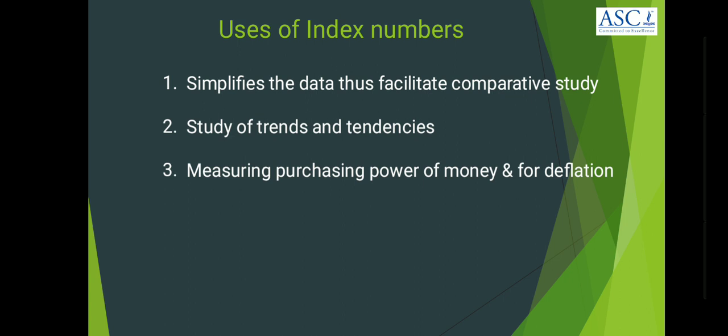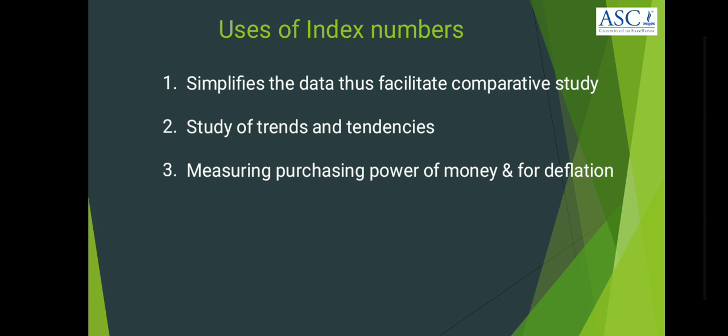The second part says index numbers are used to study deflation. Here, deflation means, in simple terms, the reduction of the general level of prices of commodities in an economy. Now I conclude, index numbers are used to study the reduction in the general level of prices of different items in the economy of a country.